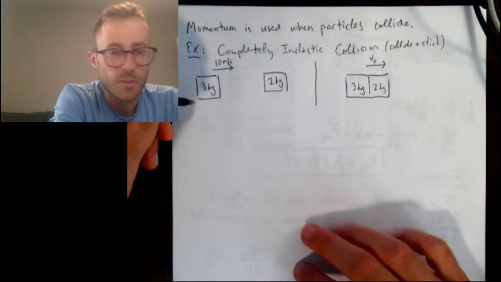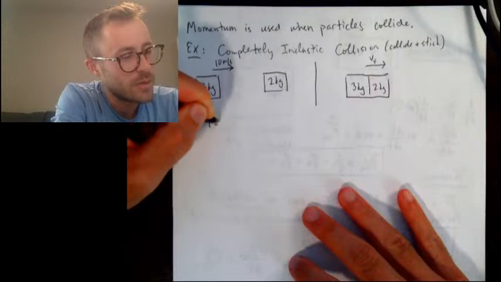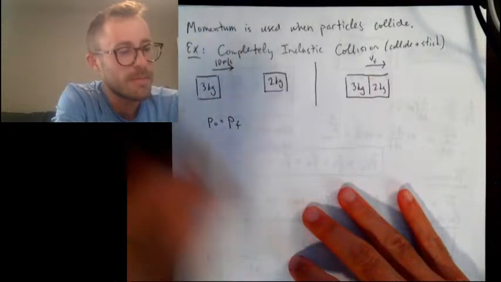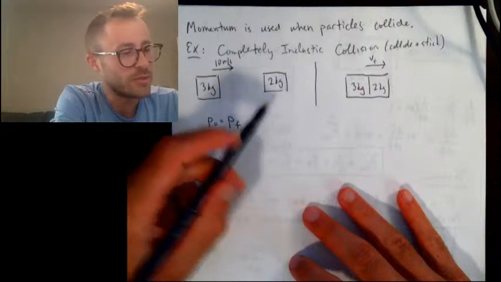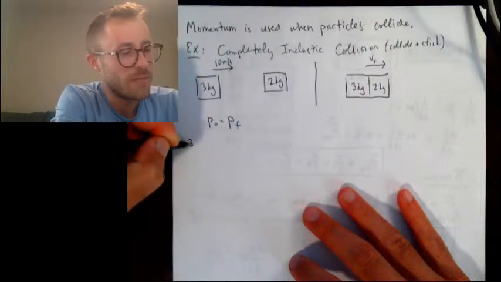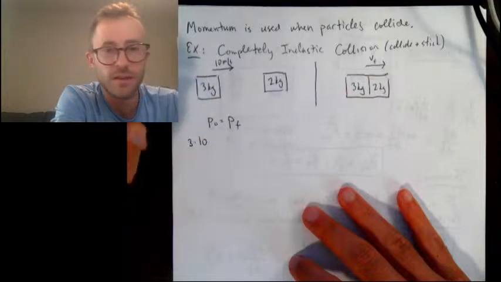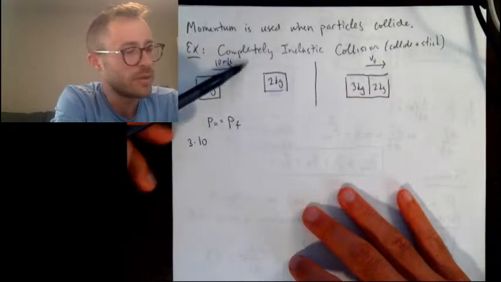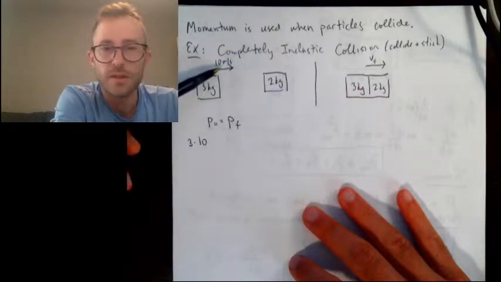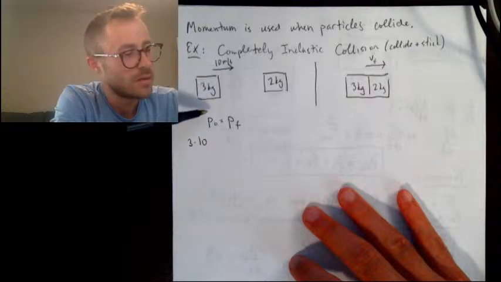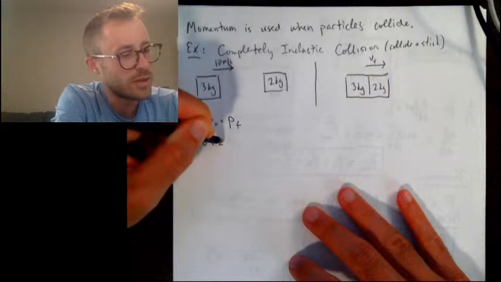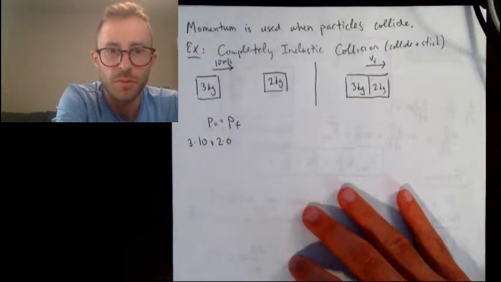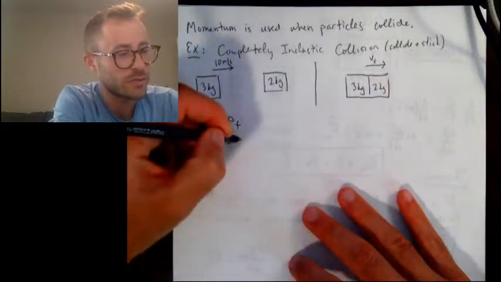So let's go ahead and use momentum conservation. P initial equals P final. Before the collision, the momentum of the system is going to be mv, so 3 times 10, that's the momentum of the 3 kilogram mass, plus 2 times 0, which is the momentum of the 2 kilogram mass, because it starts at rest.